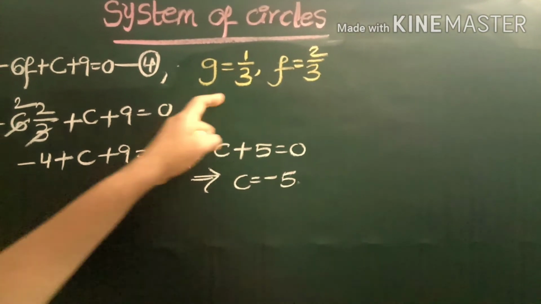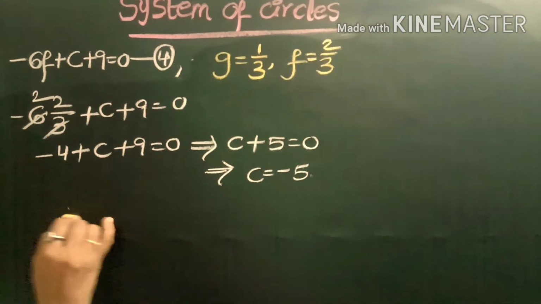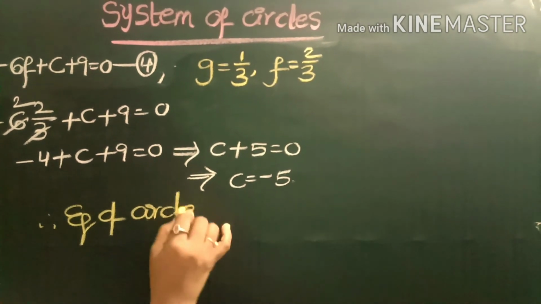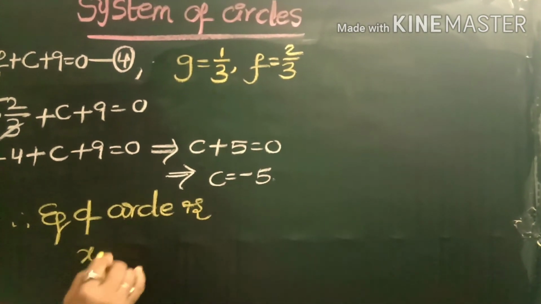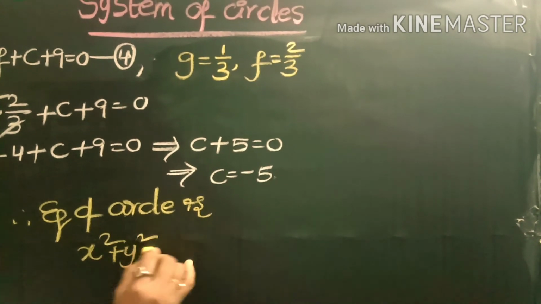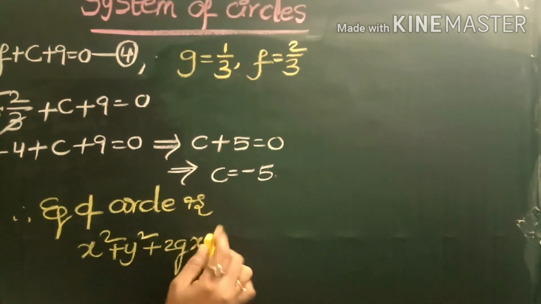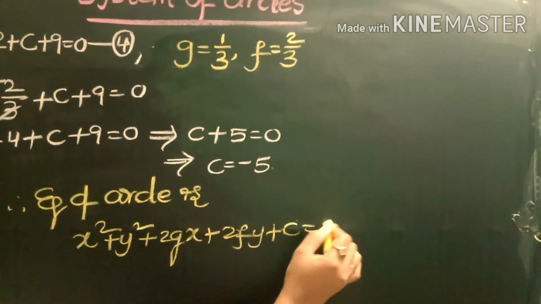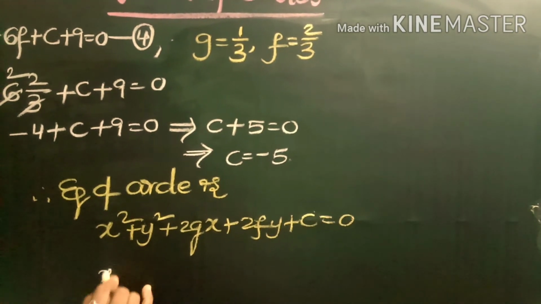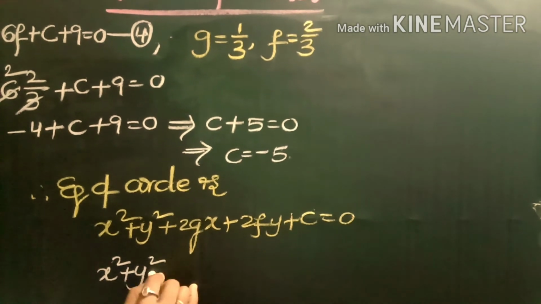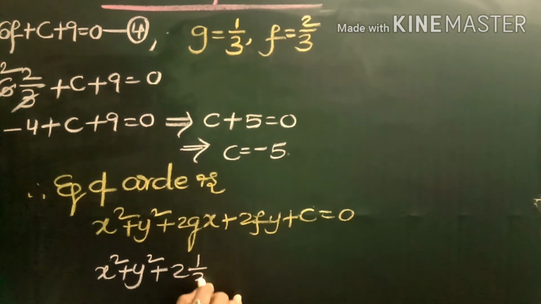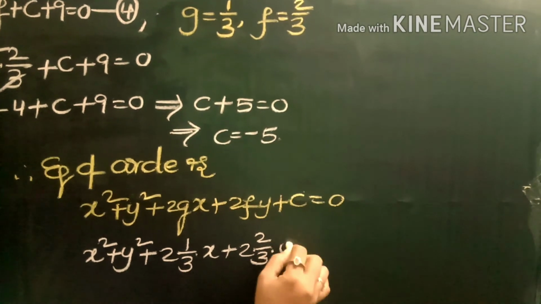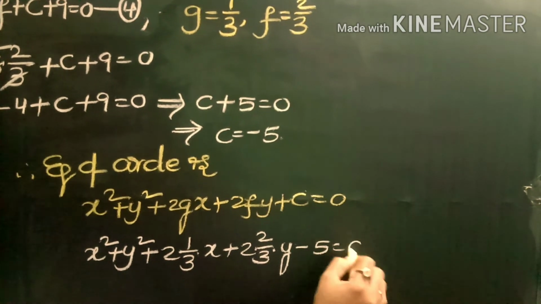Therefore, we are replacing these three values in the circle equation. Therefore, equation of circle is x square plus y square plus 2gx plus 2fy plus c is equals to 0. Now replacing the values, x square plus y square plus 2 into 1 by 3 into x plus 2 into 2 by 3 into y minus 5 equals to 0.